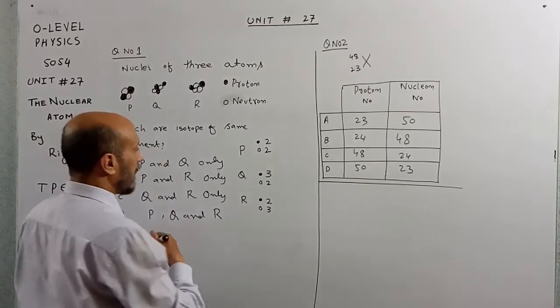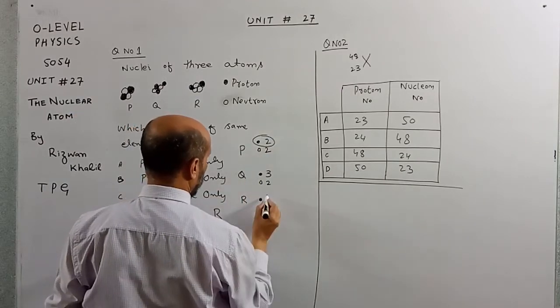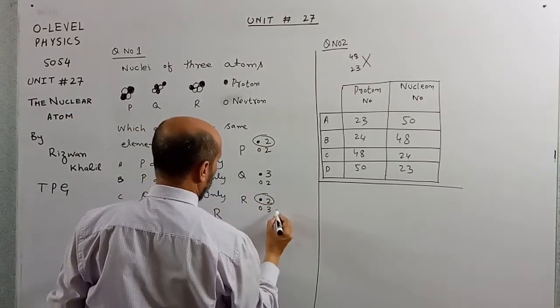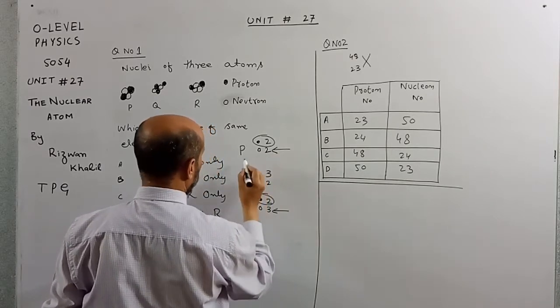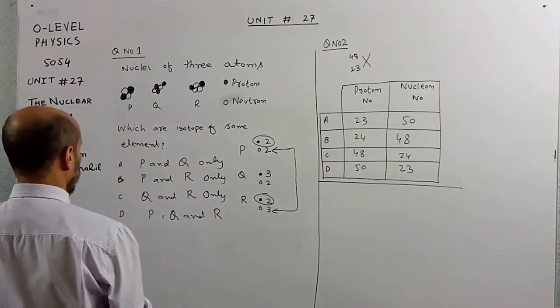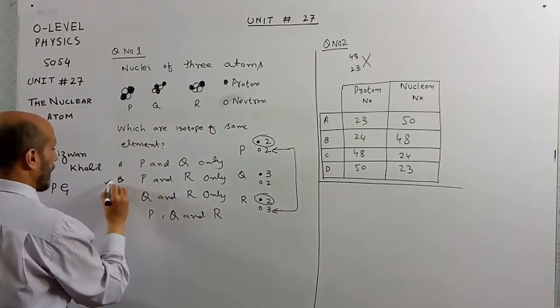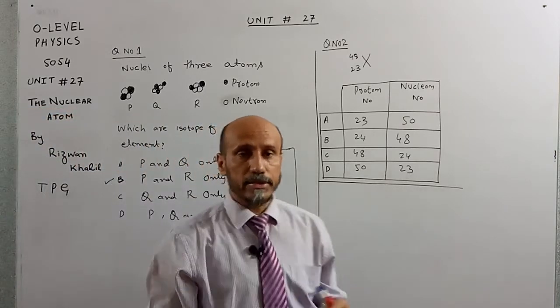So same number of protons. Number of protons 2, number of protons 2, and different number of neutrons 2 and 3. So P and R. So which option is the correct answer? Option B.